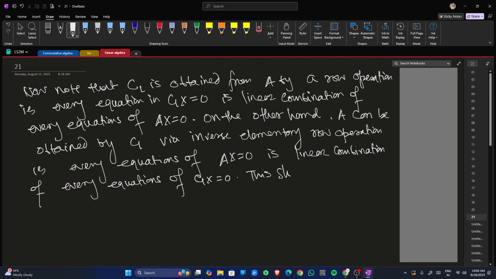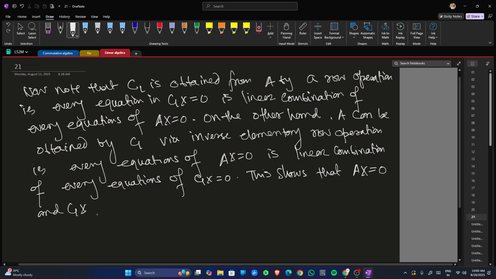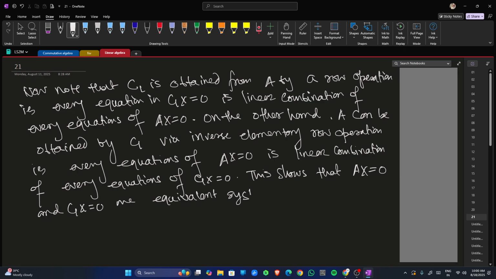This shows that Ax equal to 0 and C1x equal to 0 are equivalent systems of linear equations. Hence, they have the same solution.